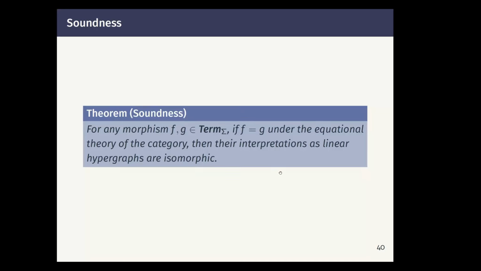So okay, so we have soundness, that's good. We have one side of our language done. So next, of course, we've got to do completeness the other way. That if we have hypergraphs, they always correspond to terms in our category. So the first step to this is called definability. And it means if we have an interface linear hypergraph, then we can always retrieve a set of corresponding terms in the category.